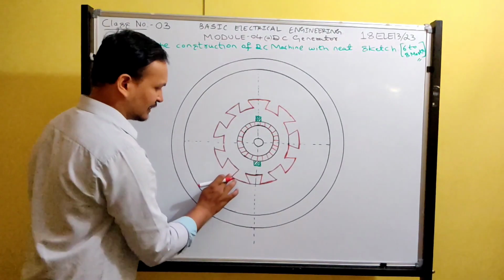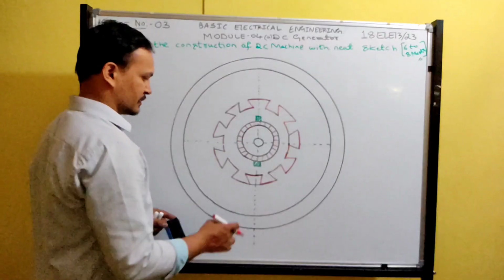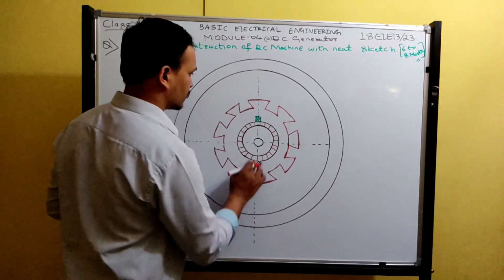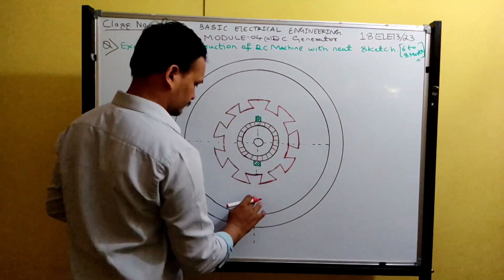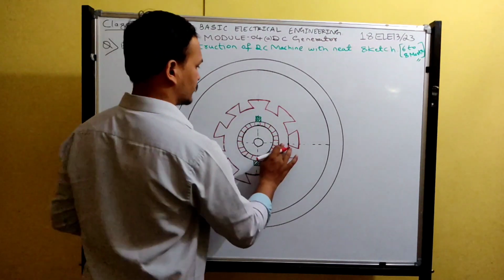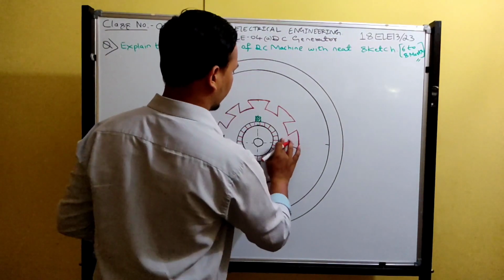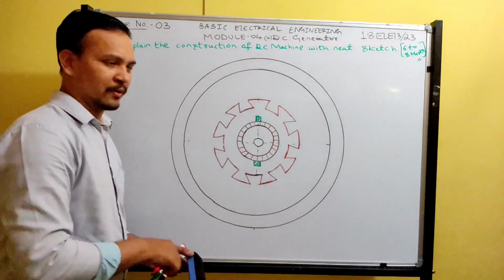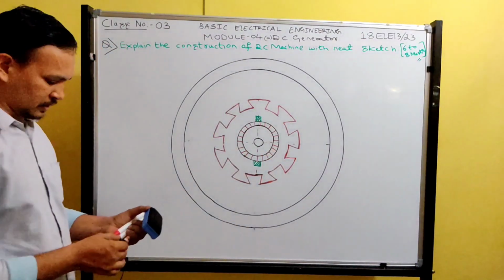That's why, if you drew thin lines, you can easily erase them. Like this you should draw. After drawing this, this entire thing is called the armature core.